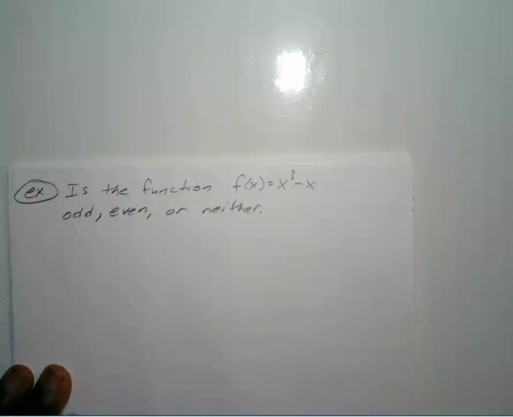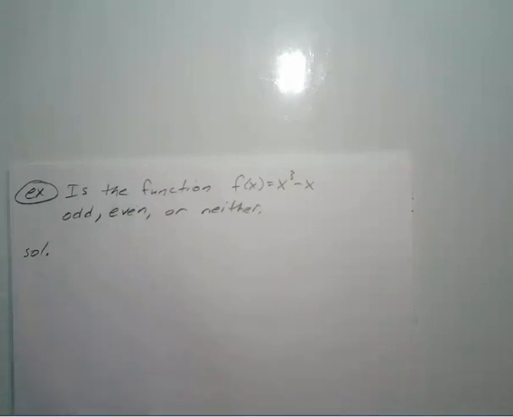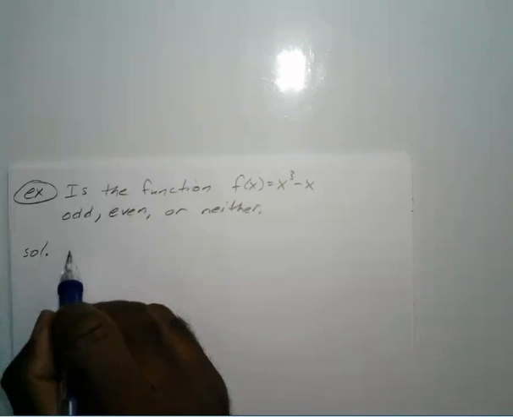It is possible for a function to be neither odd nor even. If it fails both tests, then it's neither. So first, we're going to test for an odd function. It doesn't matter which test you do first.